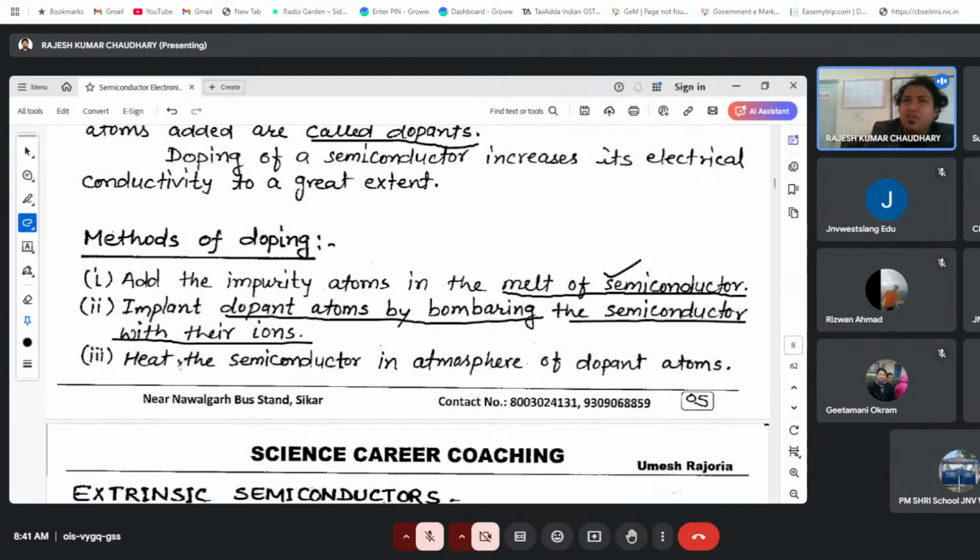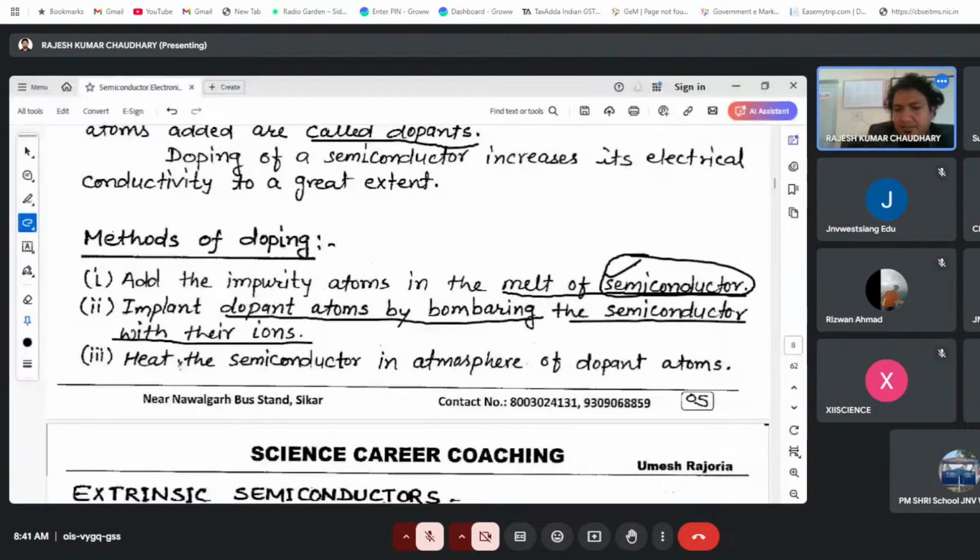For that we have to provide dopants a very high energy. Got it? But if we talk about the industrial way, we have semiconductor diodes in our daily life use.